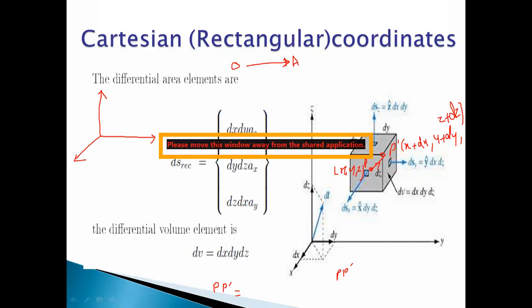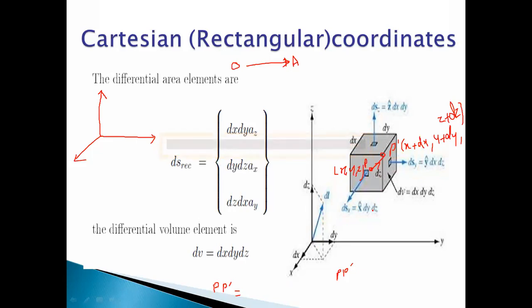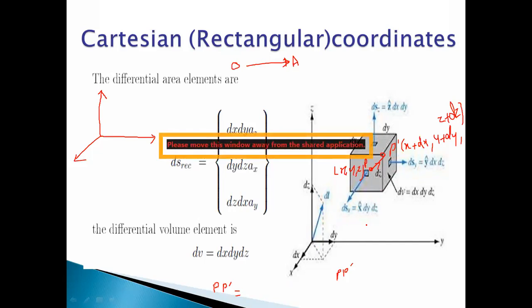So it is x plus dx minus x into unit vector a bar x, right? So just tell me the final answer.